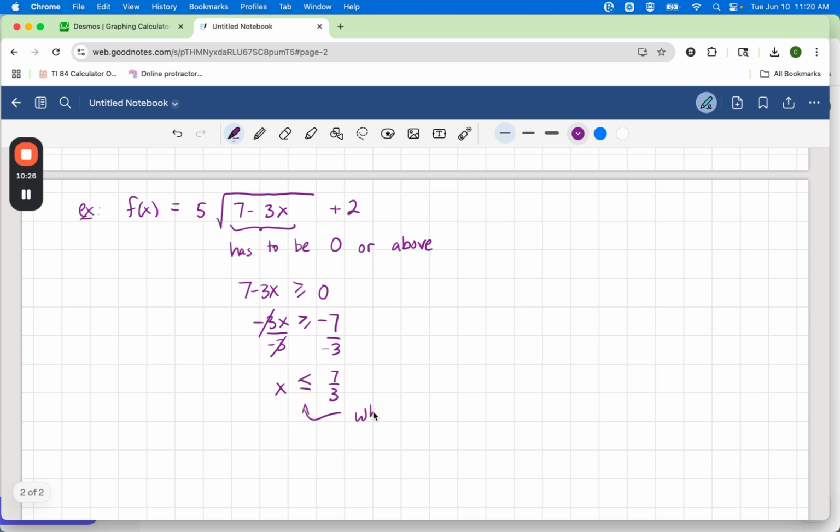Let me write that down. Whenever you multiply or divide both sides of an inequality by a negative, you flip the direction of the inequality.